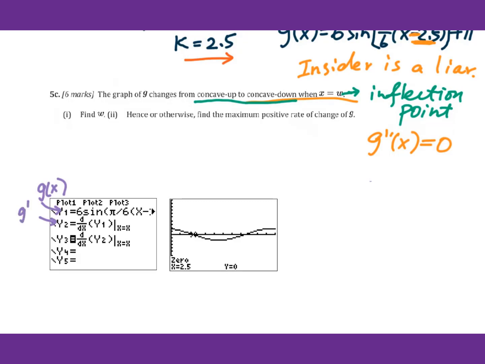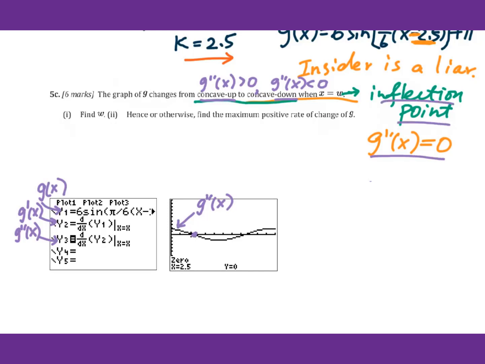This will be g prime of x. And this is the second derivative of g of x. This graph shows you the second derivative. Since we're looking for concave up to concave down, concave up means the second derivative is positive. Concave down means the second derivative is negative. From positive to negative is this point. We set this equal to 0 because this is the inflection point. Therefore, w equals 2.5.